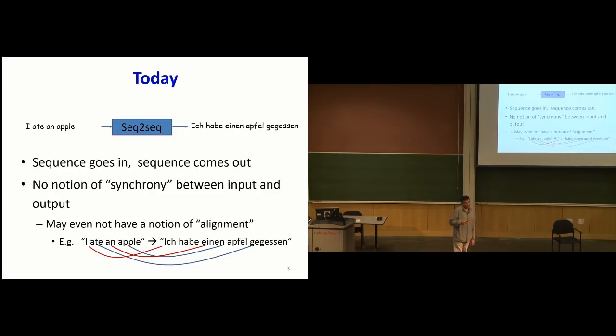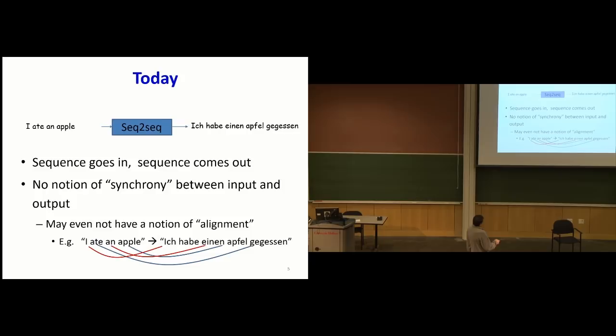Today, we are looking at the other kind of problem, where the input and the output don't have that kind of order correspondence. So I ate an apple, ich habe einen Apfel gegessen, a sequence went in, a sequence went out, but there is no notion of synchrony between the output and the input. So here, for example, I becomes ich, ate becomes habe gegessen.